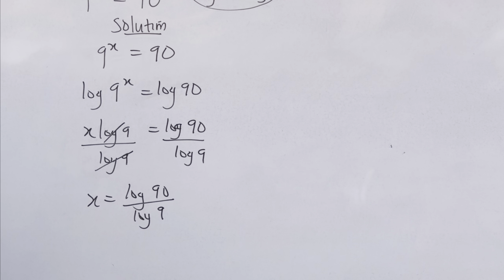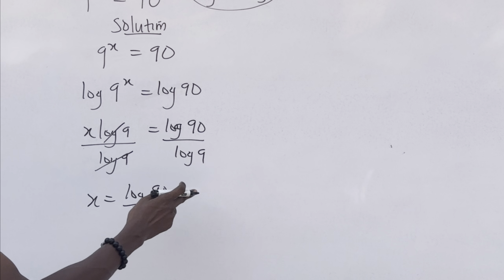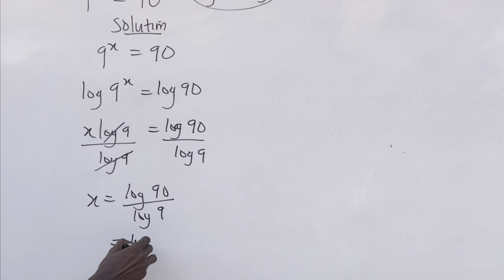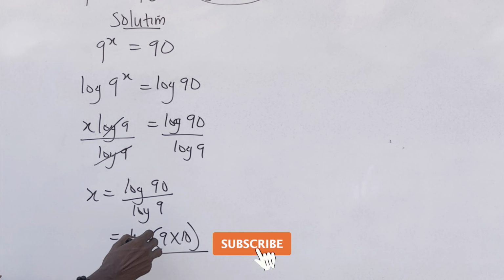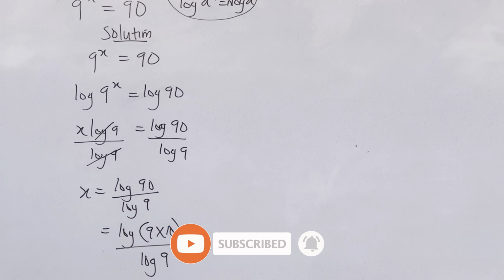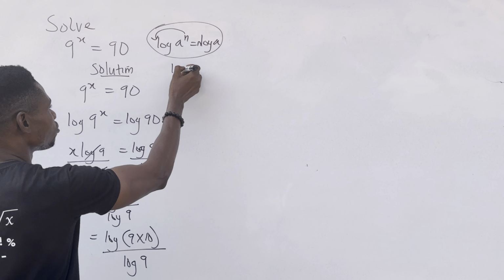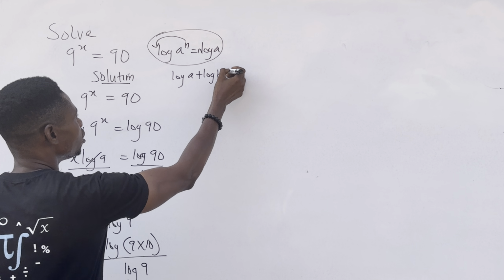Okay, we can break this 90 into two numbers and it gives us log 9 multiplied by 10 over, down here we have log 9.